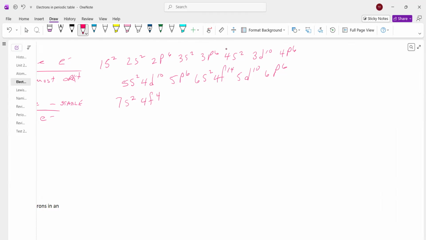Okay. So that's uranium. Pretty wild, huh? Now, if you count the exponents, there's 92 of them, 92 in all.